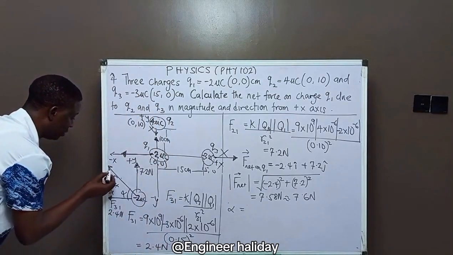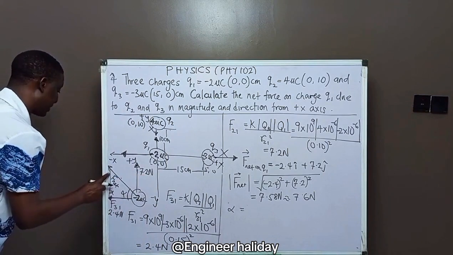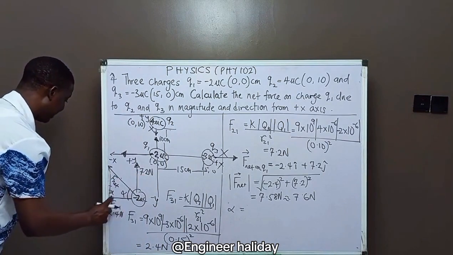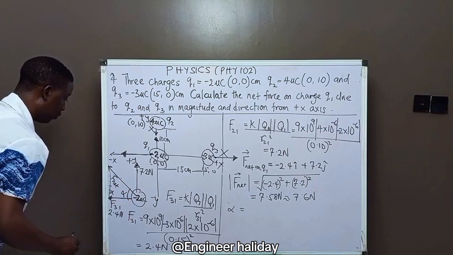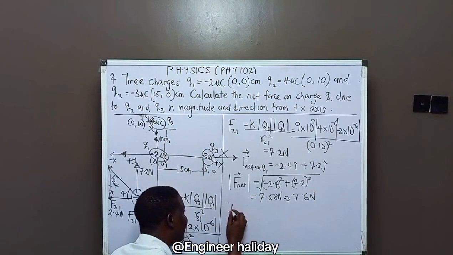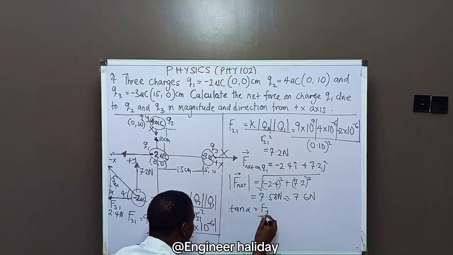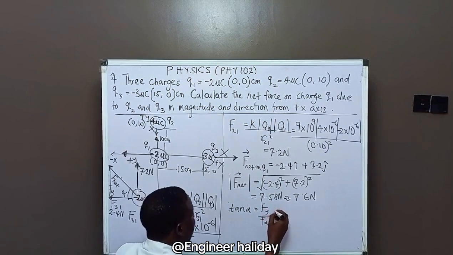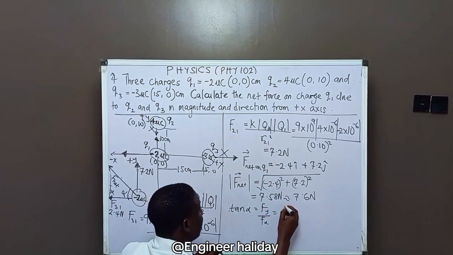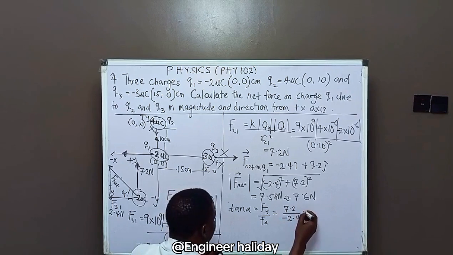If you close the triangle, this 7.2 is same as 7.2 here. This is the adjacent, this is 2.4. So now you say tan alpha equals the force along y over the force along x, which gives us 7.2 over minus 2.4.